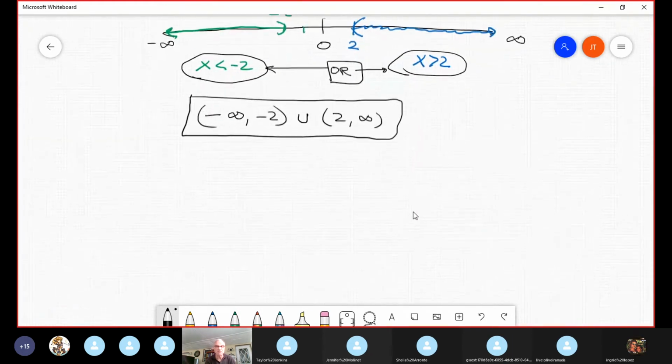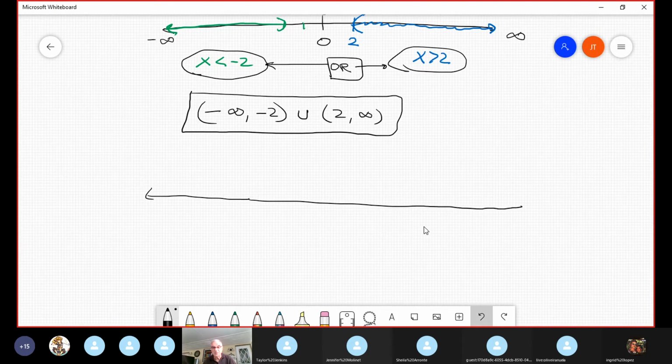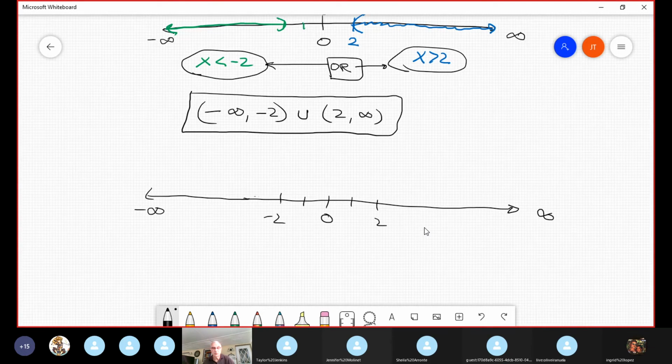Suppose we have repetition. How can you see the repetition? Suppose we have, again, the famous real number line. This is 2, 1, 2, 1, 2, negative 2. Suppose that my first interval is from negative 2, but in the opposite direction.